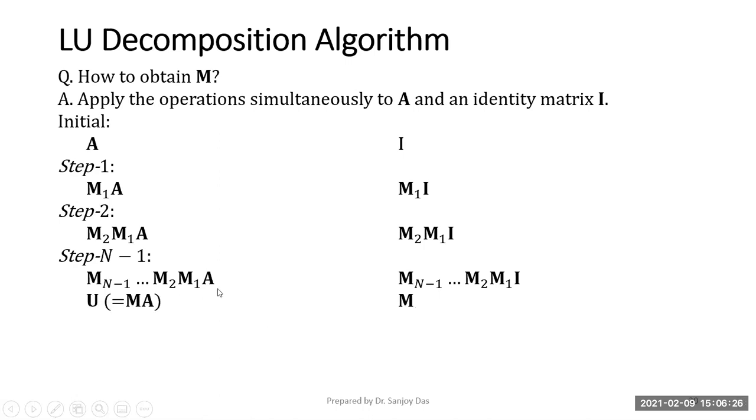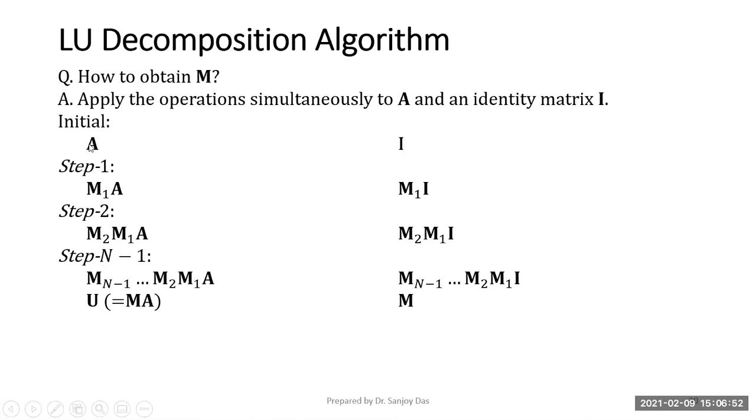And eventually, at the end of step N minus 1, we get an upper triangular matrix here, right? Which is M times A. Now, here, this is the identity matrix, remember. What is this product? M, right? The same M here.